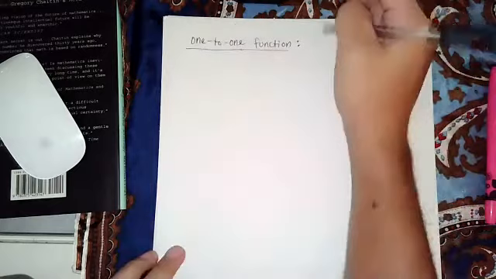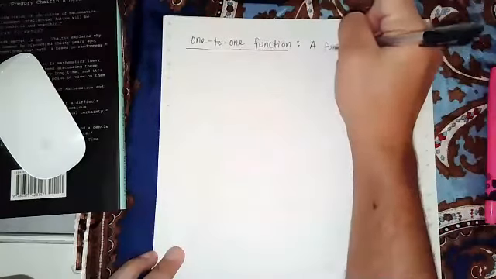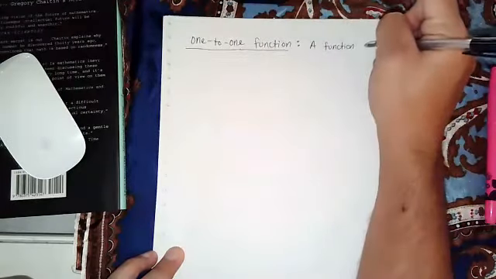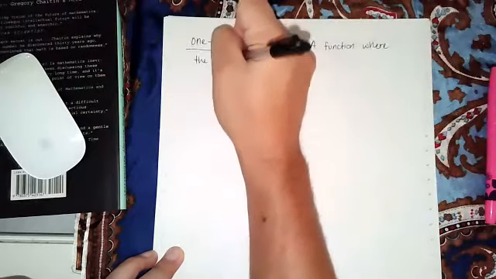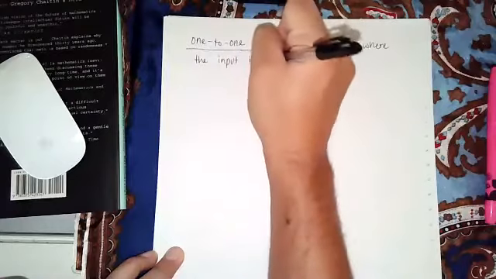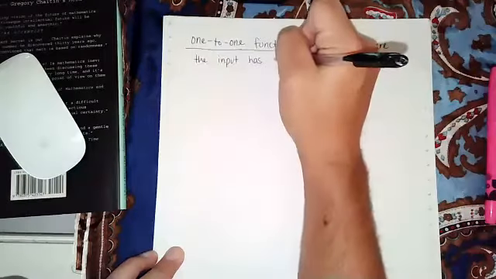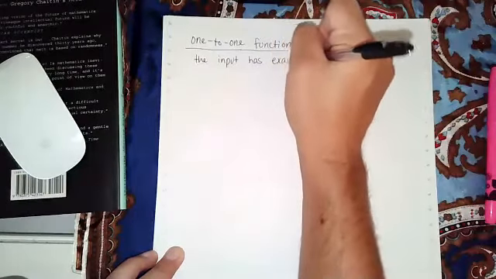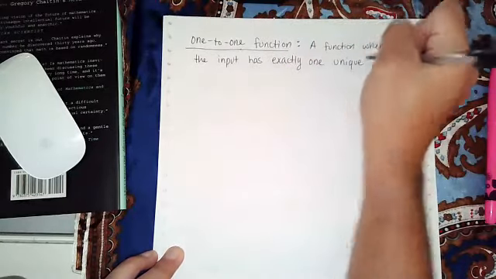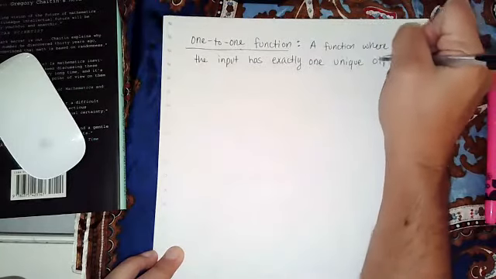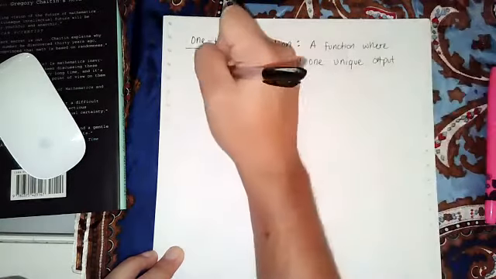Well, it turns out that a one-to-one function is a function where the input has exactly one unique output value.